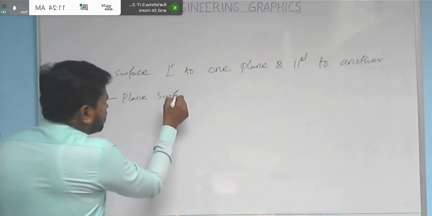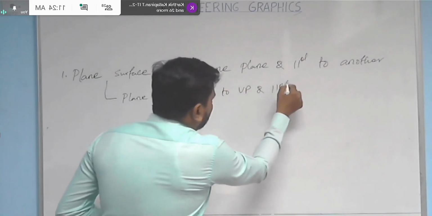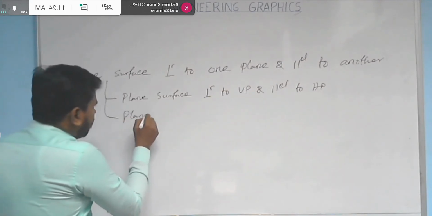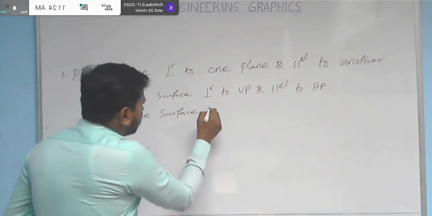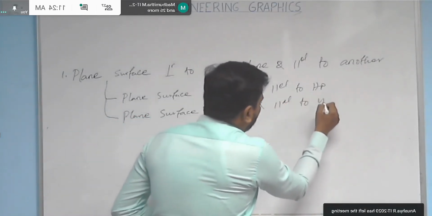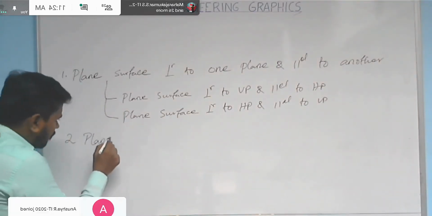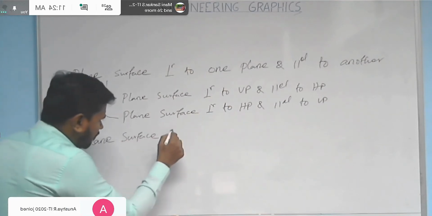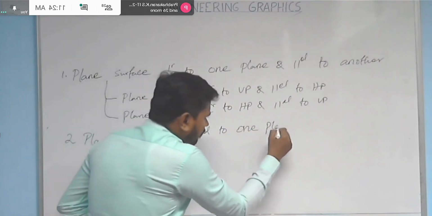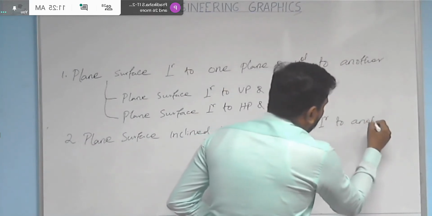In that also we can have two variants: plane surface perpendicular to VP and parallel to HP, and plane surface perpendicular to HP and parallel to VP. The second case, plane surface inclined to one plane and perpendicular to another.